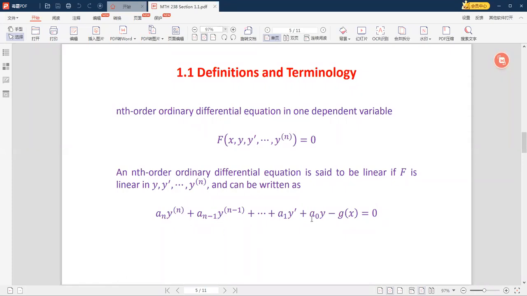And a sub 0 is also a constant. And then we have some function of x. Remember, y is the function or dependent variable that we need to solve for from this differential equation, and x is the independent variable. So this is a linear differential equation of nth order. Any questions? Is it clear? We're going to see some examples.